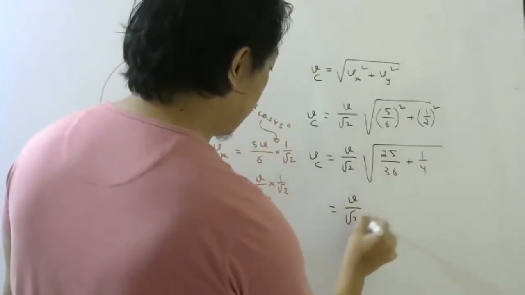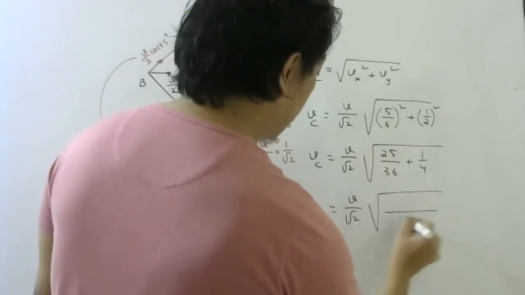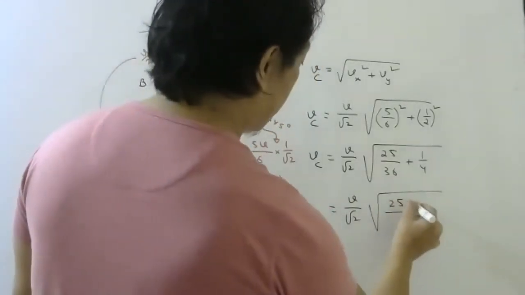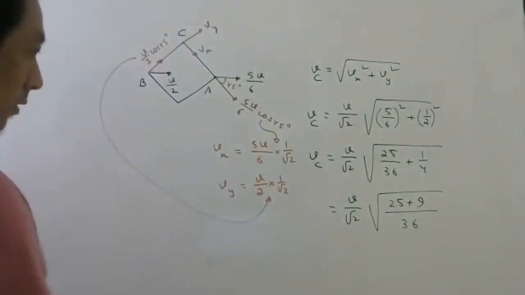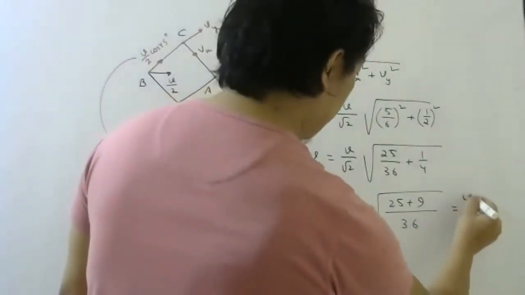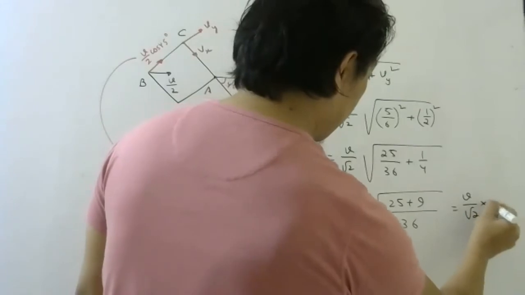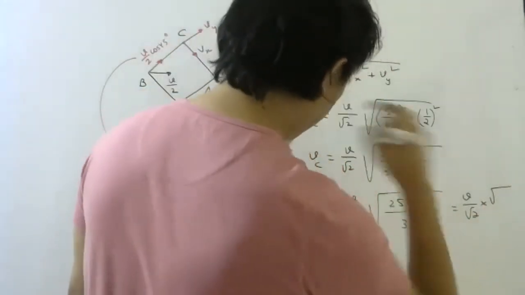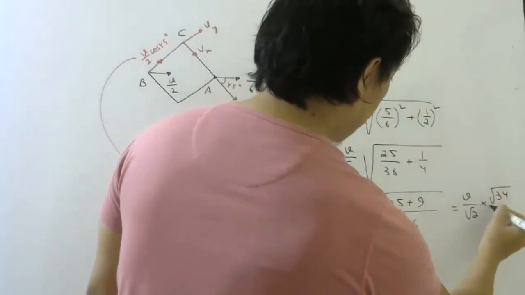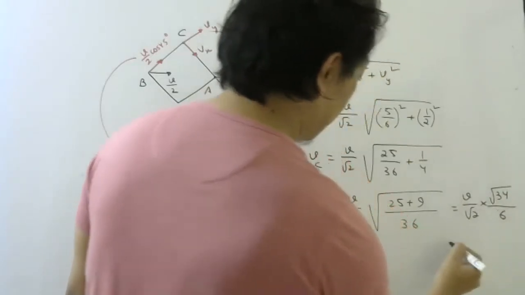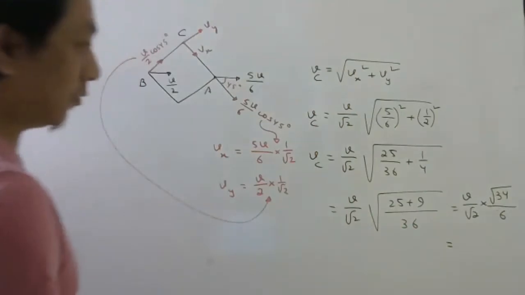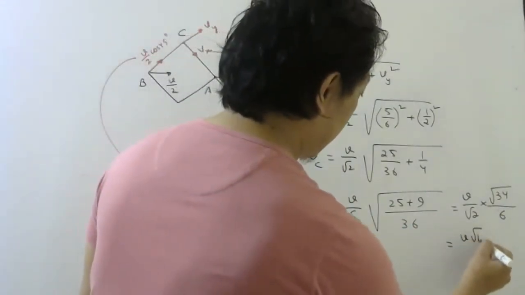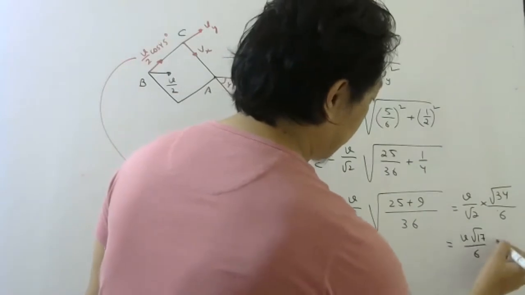So V by root 2, root of 36, 25 plus 9, that will be V by root 2, root of 34 divided by 6. Root 34 by root 2 will be root 17. So V root 17 by 6.